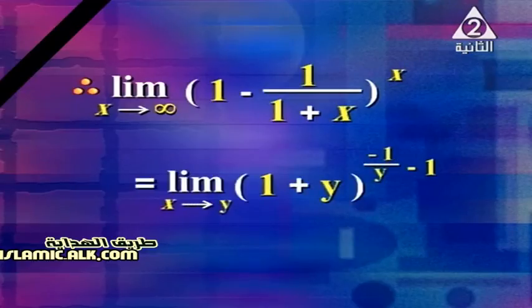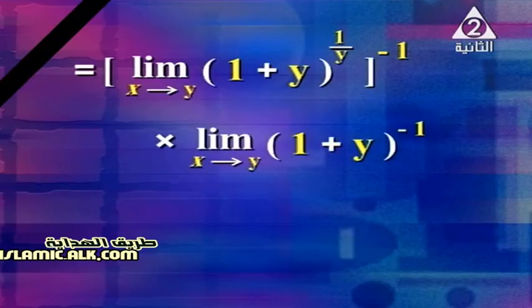Then limit x tends to infinity, bracket contains 1 minus 1 over 1 plus x for all power x equals limit when y tends to 0, (1 plus y) for all power negative 1 over y minus 1. We distribute it into limit when y tends to 0, bracket contains (1 plus y) for all 1 over y for all power negative 1.